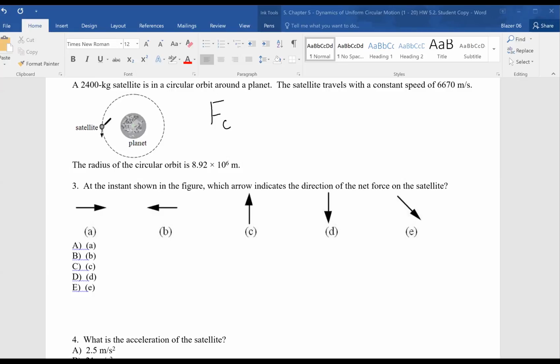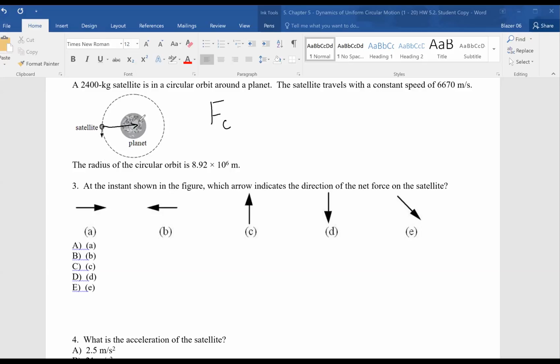So if it's right here, it's directed toward the center of this circle. Previously, when we were discussing forces, we said that the force was in the same direction as the acceleration, but we're talking now about a center-seeking force. So it's always directed toward the center, okay?